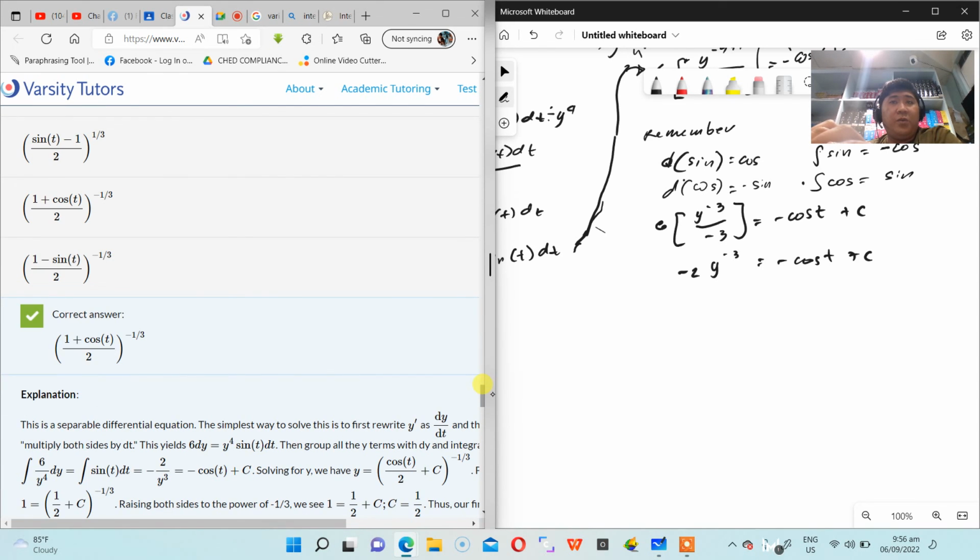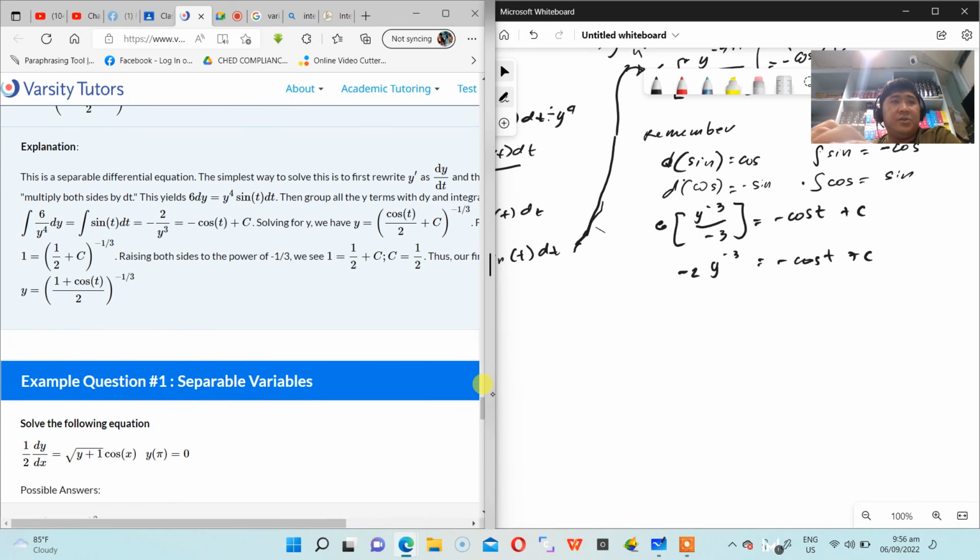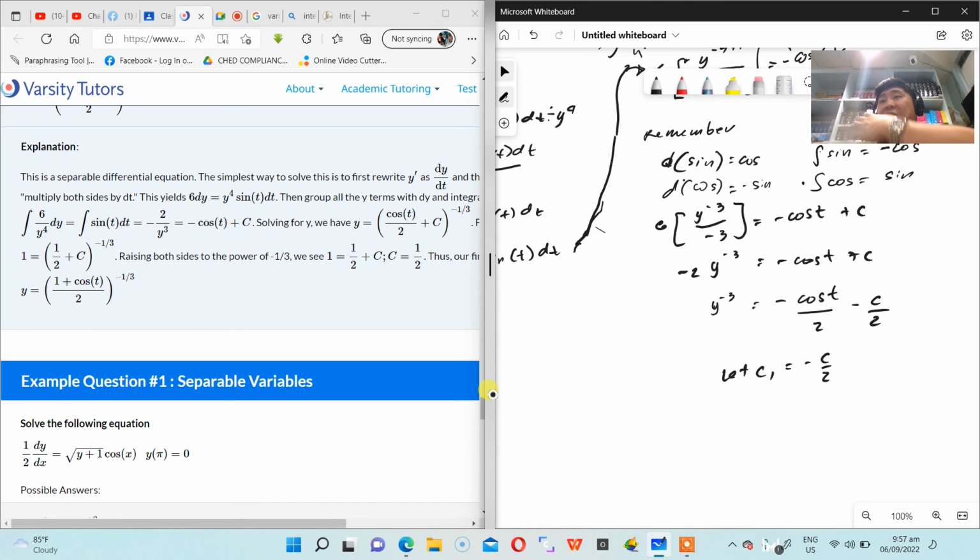In this case, it's solved for y. We could rearrange this as y to the negative 3 equals negative cosine t divided by 2 minus c over 2. From there, we could let c sub 1 equal negative c over 2, so that it is not a fraction.